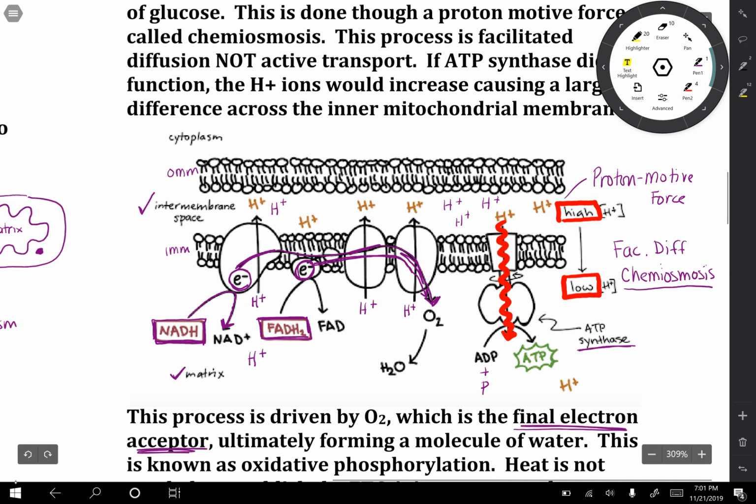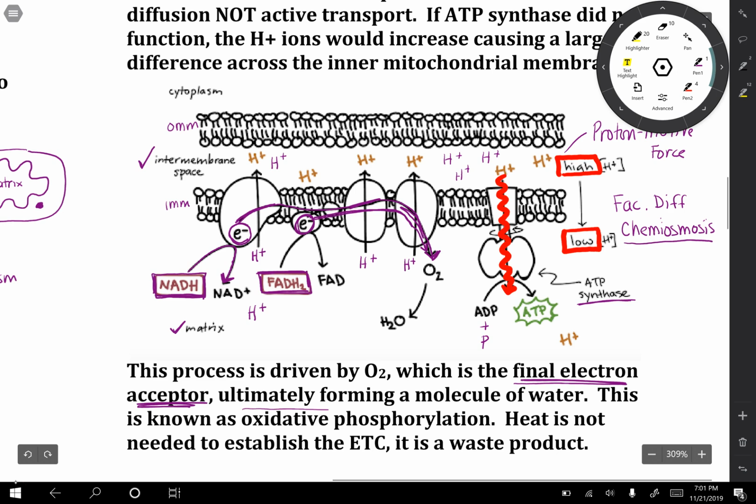Because the oxygen had the ability to pull this electron through the chain, you were able to pump the hydrogens against their concentration gradient. They were then allowed to come back through the ATP synthase and generate this ATP. This is called oxidative phosphorylation because none of this would have happened without oxygen.